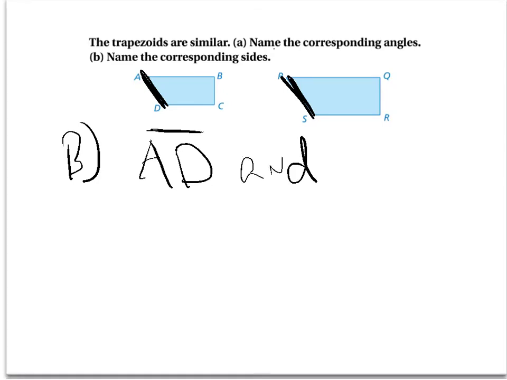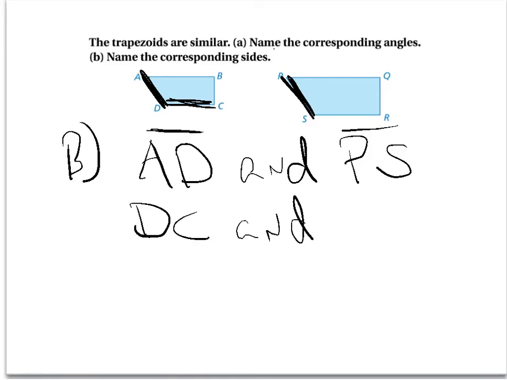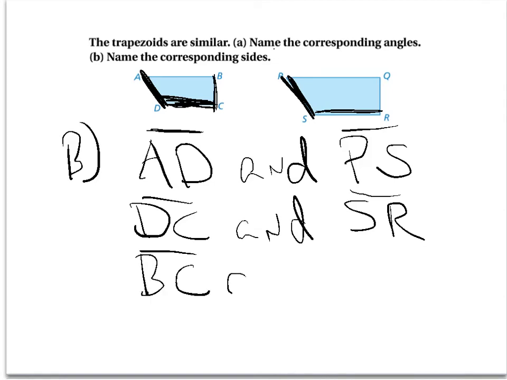And what is that, PS? We have CD or DC. It doesn't matter which order it would be in because it's still the same line. That matches up with, obviously, SR. And again, I would put a line over that. BC and QR.